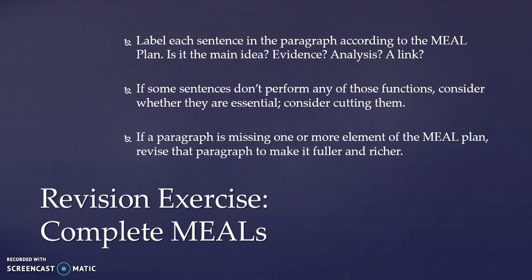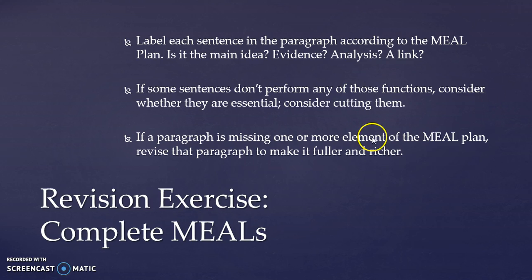Another thing you can do with the meal plan is, once you've already written a draft, ask yourself whether each of your paragraphs is a complete meal. You can do what we just did in exercise 2: label each sentence in your paragraph M, E, A, or L. If you have some sentences that don't do any of those things, ask yourself, can I just cut this sentence because it's not doing anything?